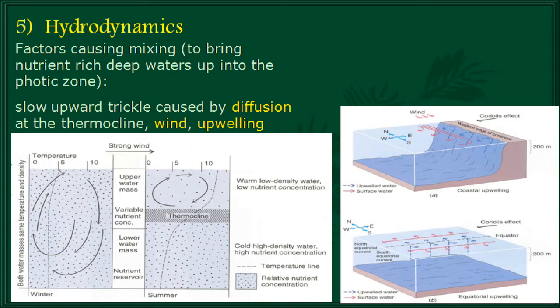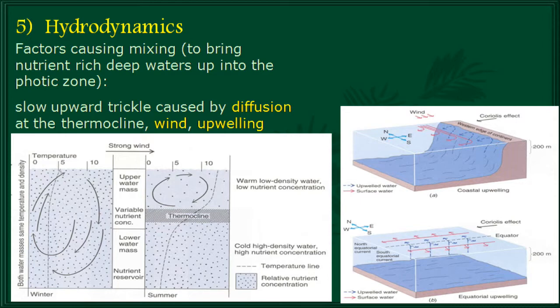Upwelling is a hydrodynamic feature that is very important for primary production, because when the wind blows in a certain direction and the water moves in a certain direction away from the wind, this creates upwelling, wherein water from the bottom has to come up to replace the water from the surface that's moving away.